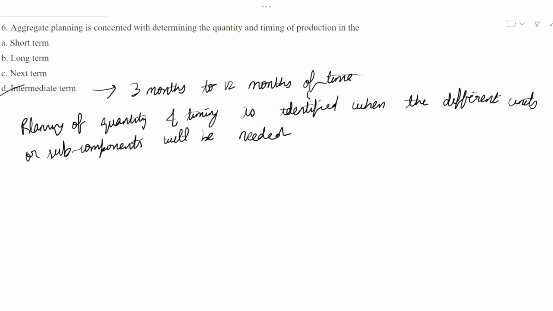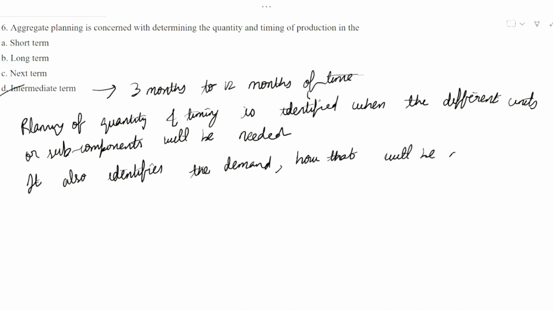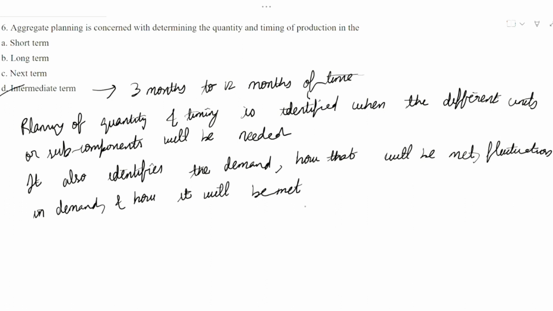It also identifies the demand, how that will be met, fluctuation in demand, and how it will be met through labor adjustments or inventory.